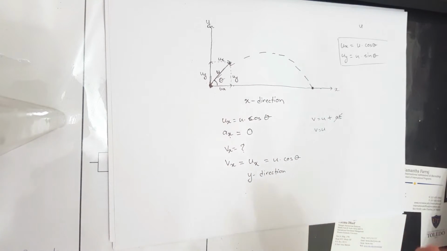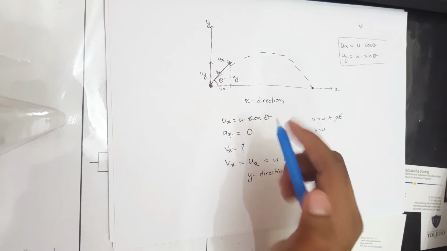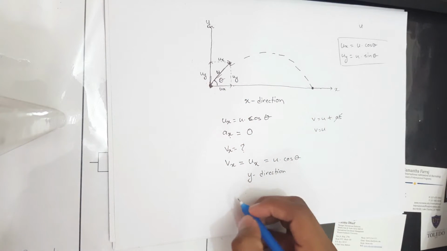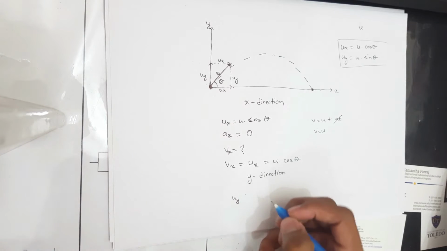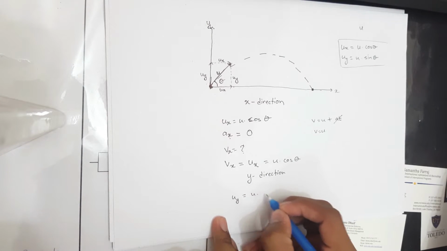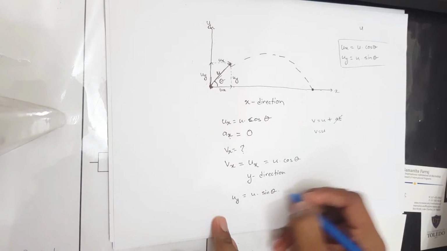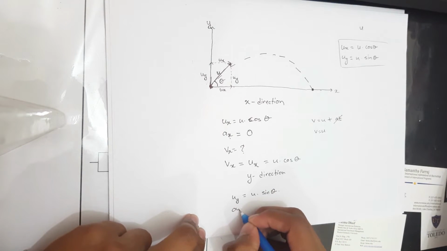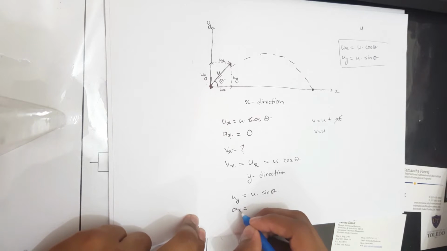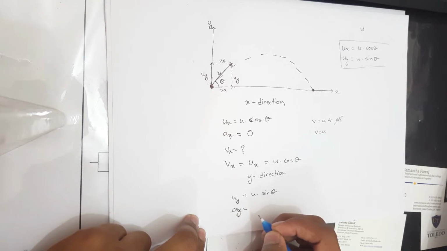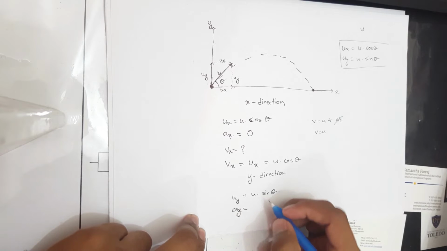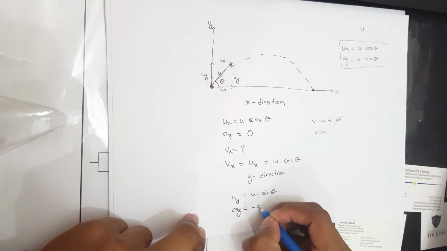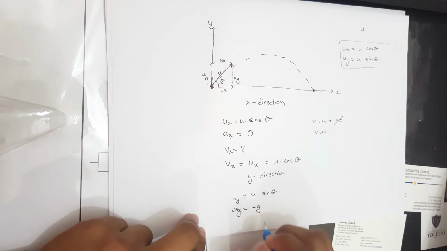But before we get into acceleration, let's just do the simple thing. We'll start with uy. The initial speed in the y direction equals u sine theta. We know this from this, right? And then the acceleration in the y-axis will be minus g. That is also a universal rule.